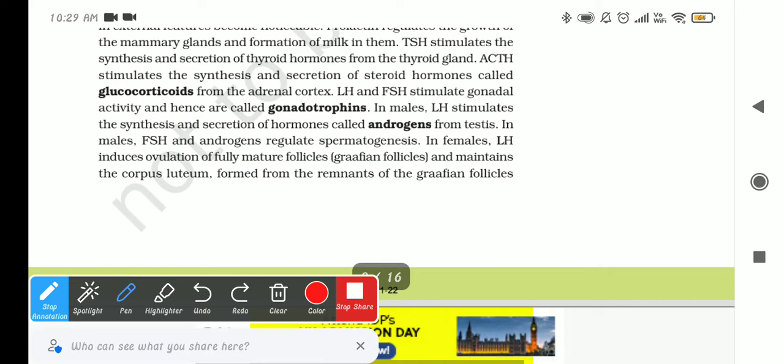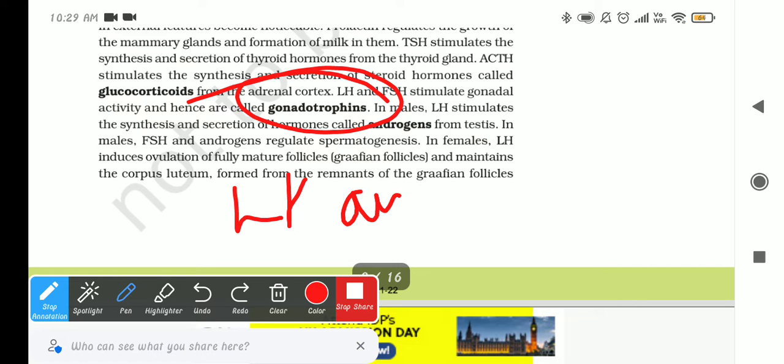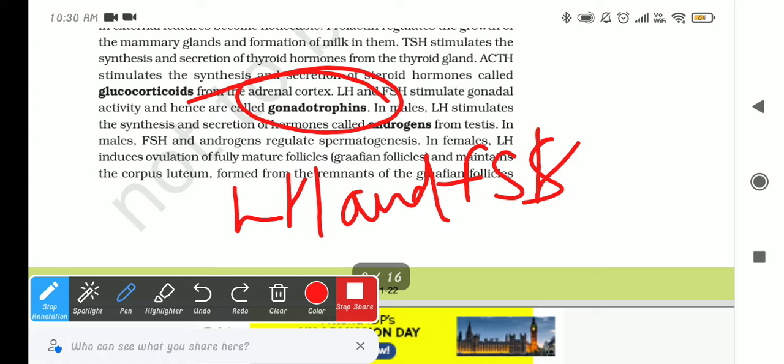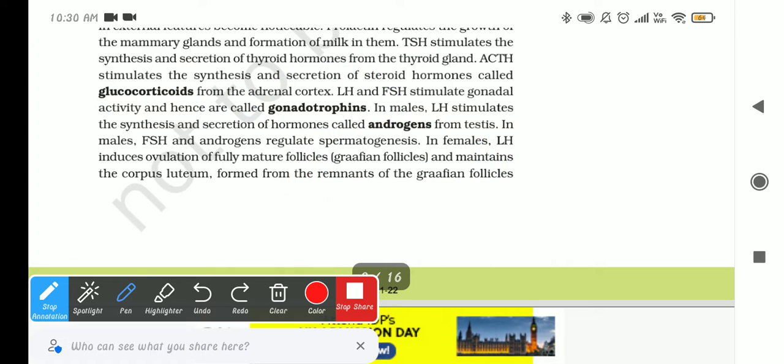LH and FSH act on the gonadal activity of our body, so they are called gonadotropins.